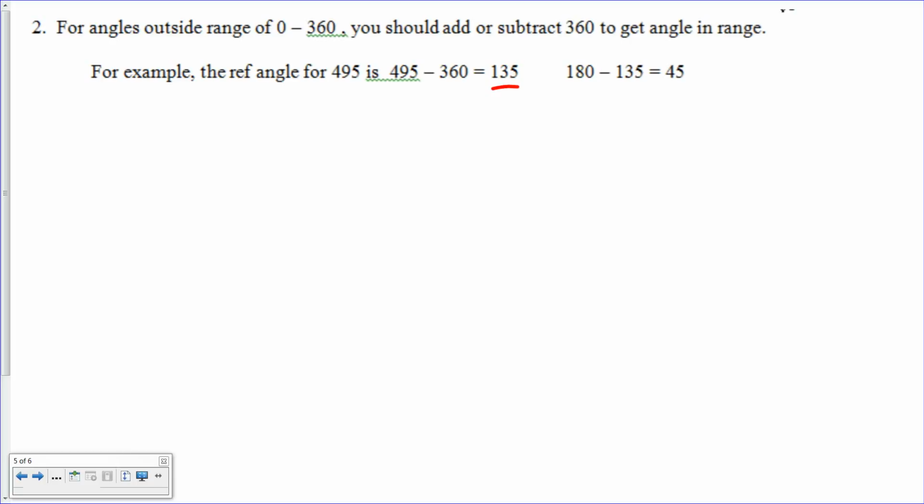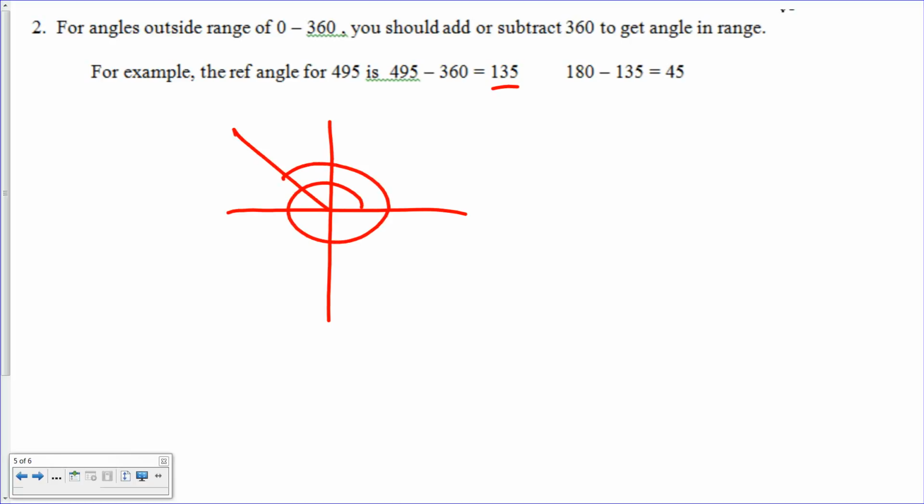What does that really mean? It means at 495 degrees, you're doing an angle like this. But again, you always want to get a reference angle that's between 0 and 90.